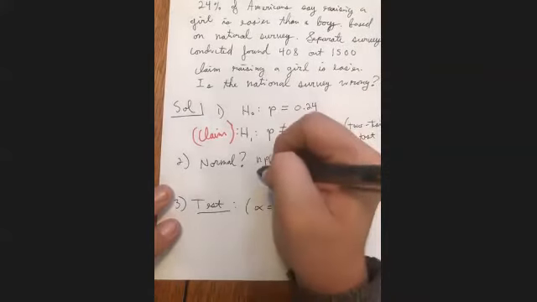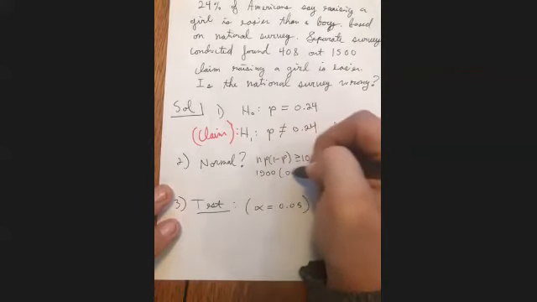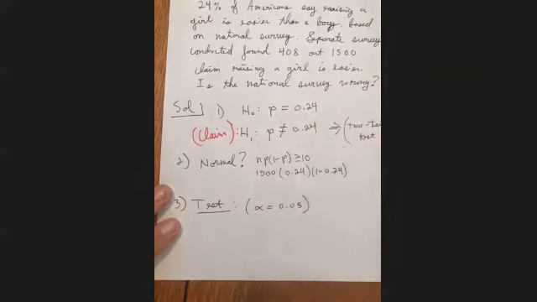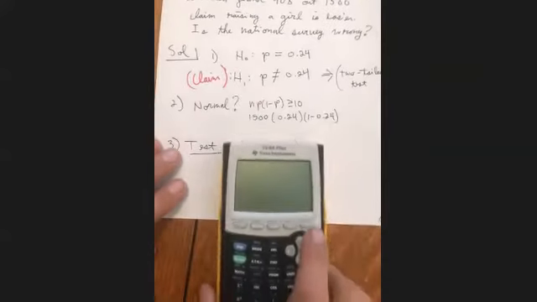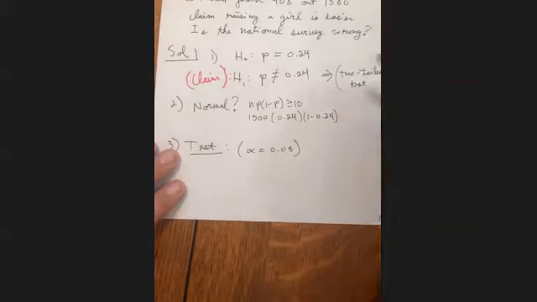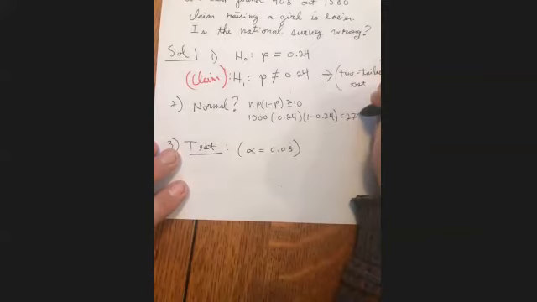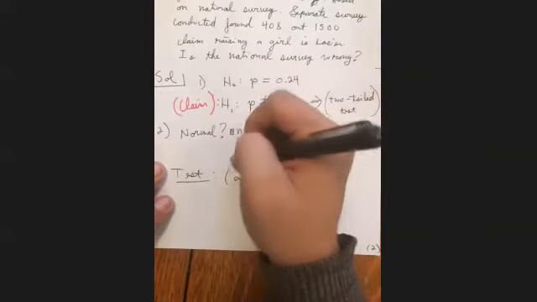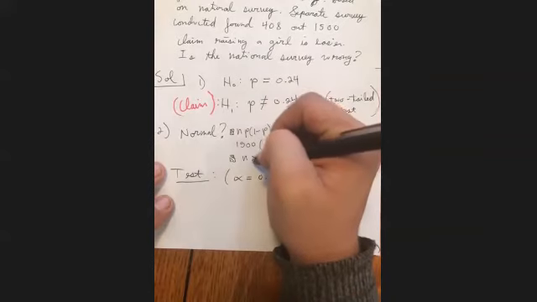For us, that is 1500 times 0.24 times 1 minus 0.24, and that's 273.6, which is definitely greater than or equal to 10. And yet again, we can suppose that the second condition is met.